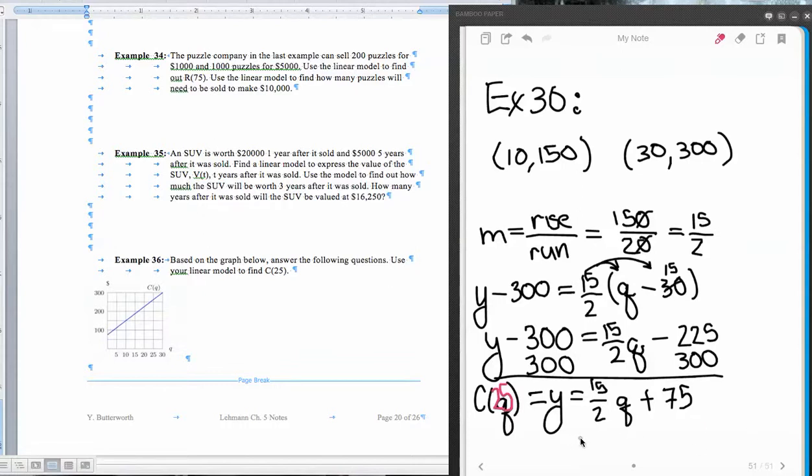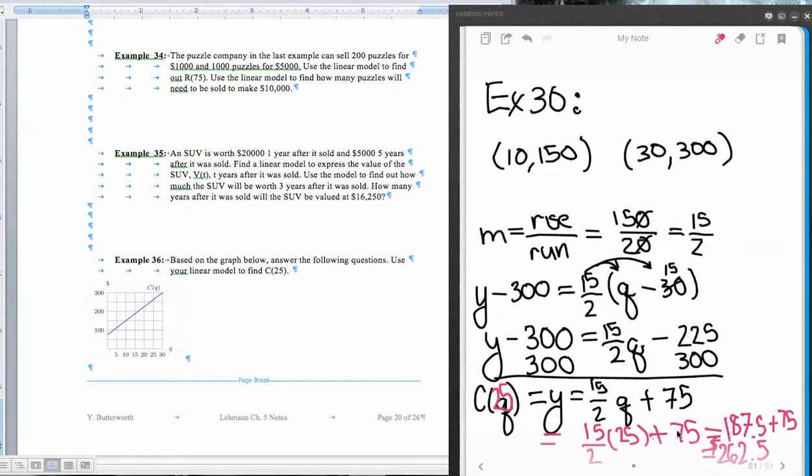So we have 15 halves, and then multiplied by 25, and that's going to be adding in 75. So we're going to find that the C of Q is going to be the value that we're going to see in just a moment.